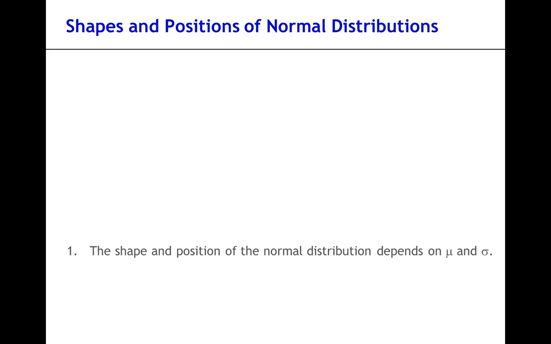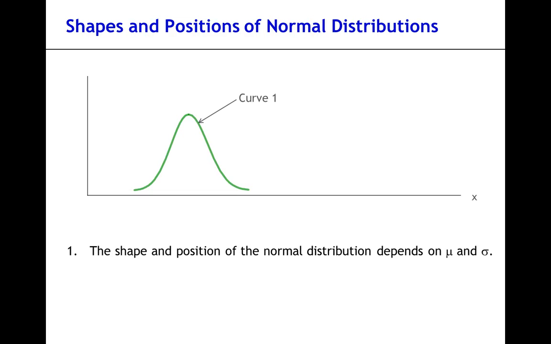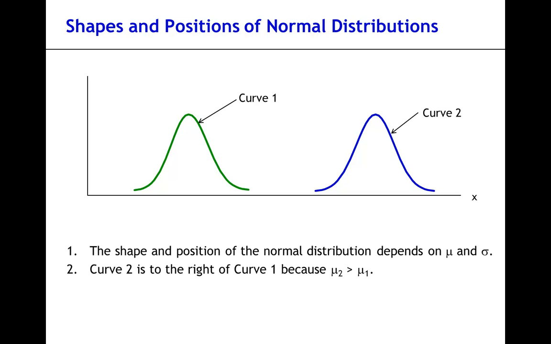The shape and position of the normal distribution depends on mu and sigma. Let's look at curve 1 and curve 2. Both are normal distributions with the same shape and size. However, curve 2 is to the right of curve 1 because mu sub 2 is greater than mu sub 1.